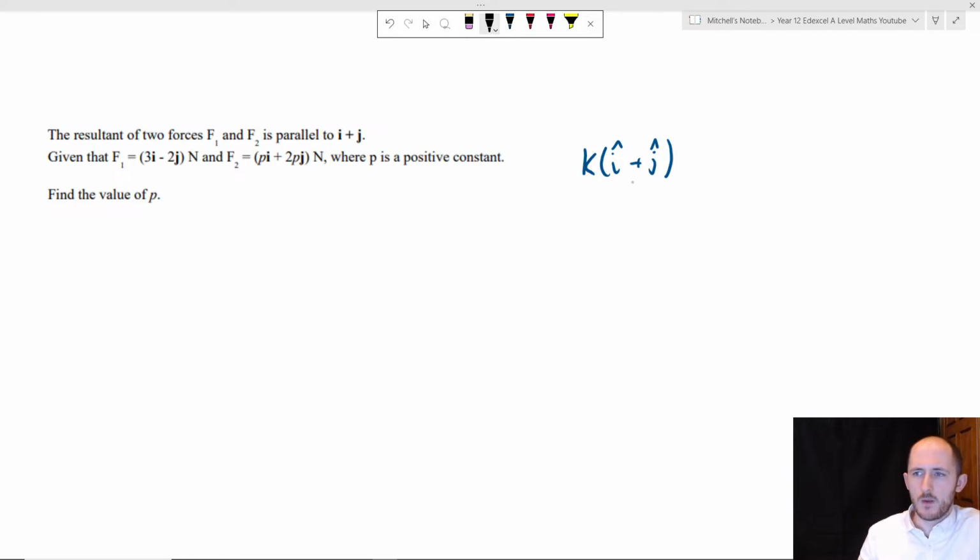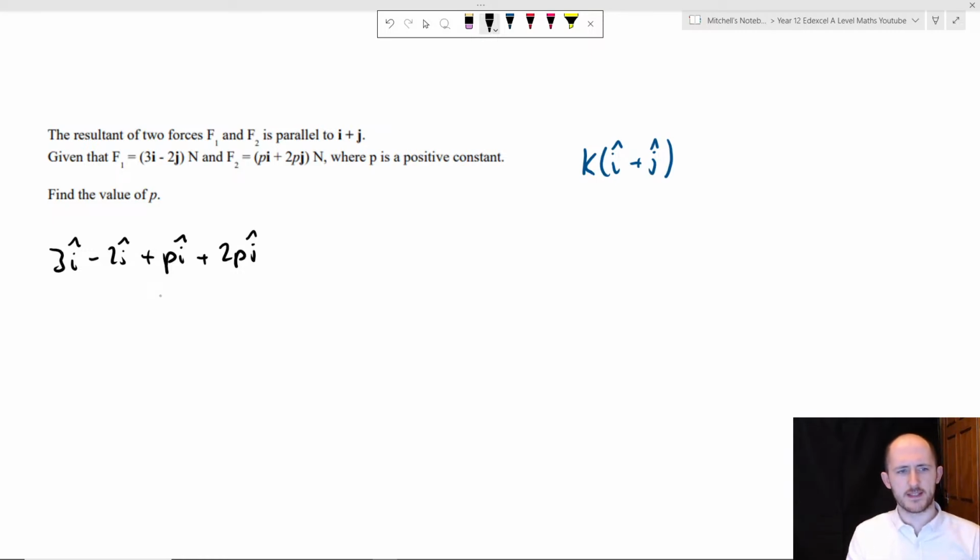So we're just going to essentially add these two vectors together and get this. So just as a kind of forewarning, the resultant means we're going to add these two things together. So we have 3i minus 2j plus pi plus 2pj.